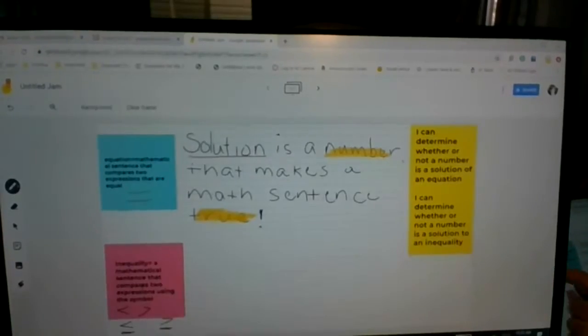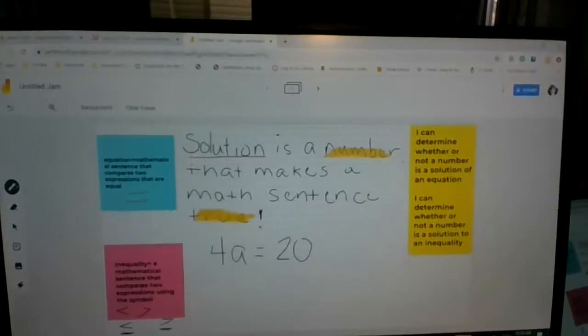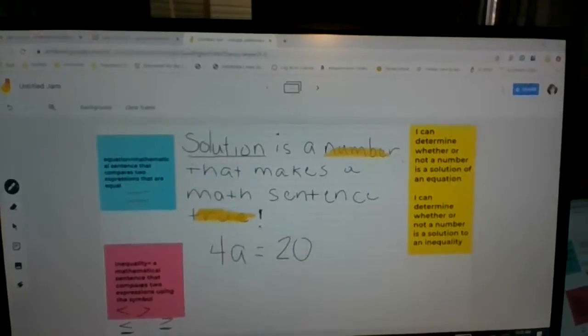Let me give you a quick example of what that looks like. Let's say we have 4 times A is equal to 20. I'm picking an easy one so that you can see the answer in your head. But that's not the point right now. We're going to use the idea of substitution, which we've used before. So I'm going to give A a value. What if I say that A is equal to 3?